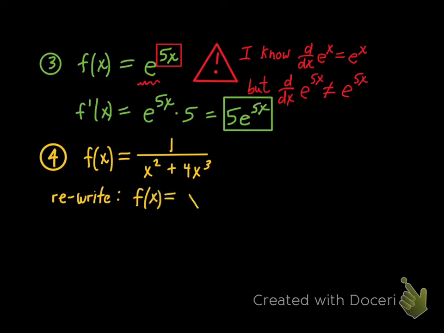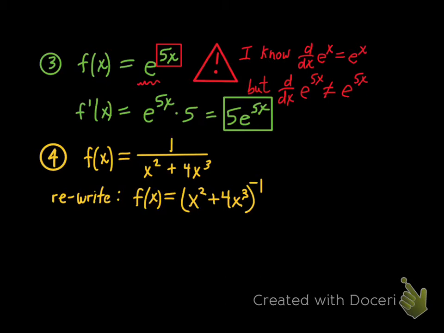The rewrite is x squared plus 4x cubed, all raised to the negative first power. That stuff in the denominator I can bring up to the numerator as long as I write it with an opposite exponent. So now I clearly have an inside function of x squared plus 4x cubed.